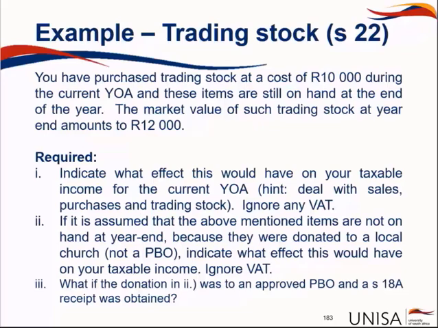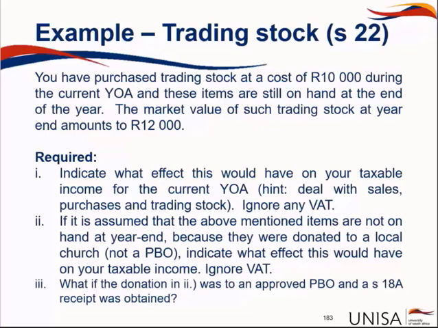Number 2, if you assume that the above mentioned items are not on hand at year end because they were donated to a local church, which is not a public benefit organization, indicate the effects. And then number 3, indicate the effects if the donation in point 2 was to an approved public benefit organization and a Section 18A receipt was issued, what would the implications be?